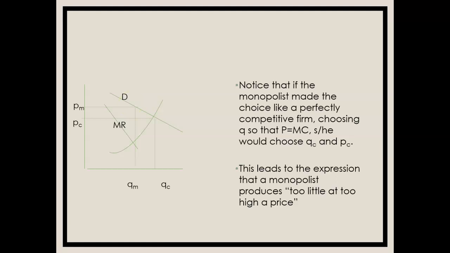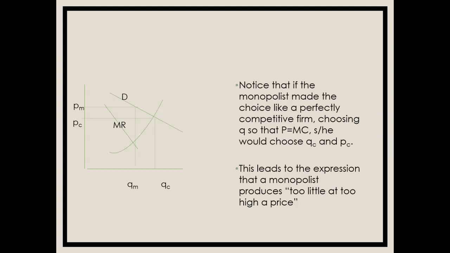Notice that PM, the monopolist price, is greater than PC, the price the monopolist would charge if they behaved like a perfectly competitive firm. Likewise, or actually in opposite to that, QM, the quantity that the monopolist sells, is less than QC, the quantity the monopolist would have sold if it behaved like a competitive firm.